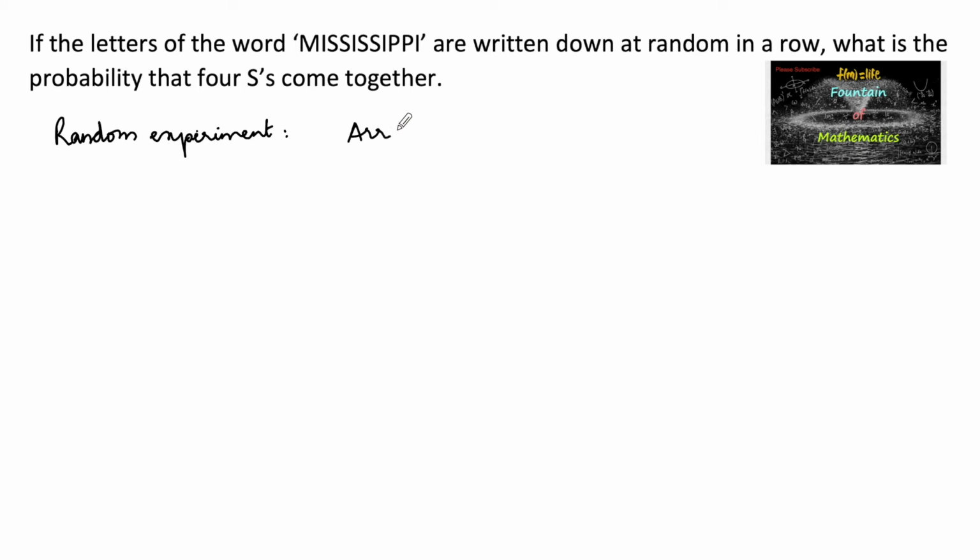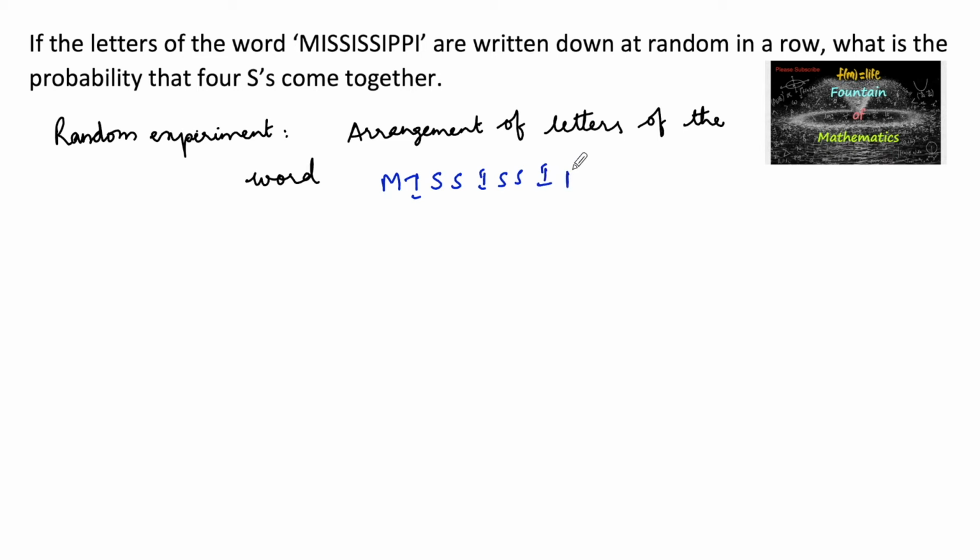Means it's an arrangement of letters of the word Mississippi in a row, means in a straight line.